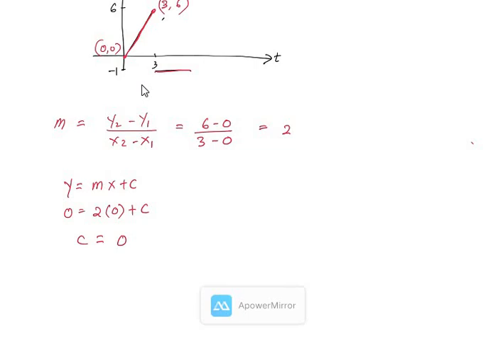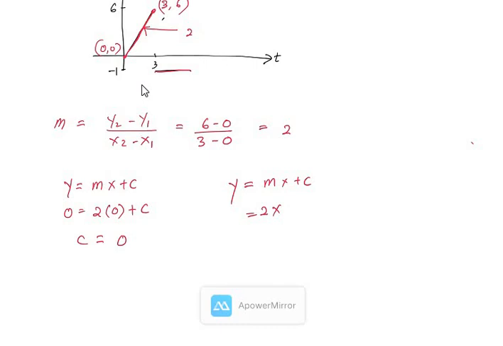And then we need to know the function. So we still need this formula y equal to mx plus c, and we simply substitute in. So y equal to, we simply insert the gradient m, so 2x plus c is 0. So y equal to 2x. So this line is 2x.